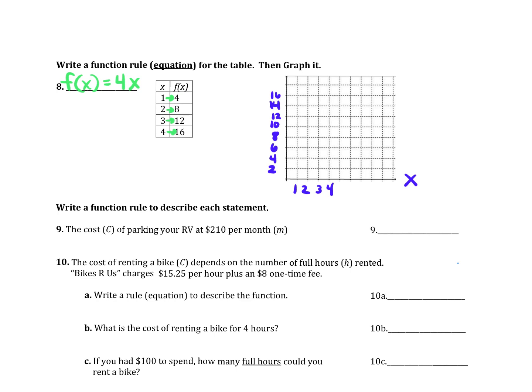So this would be 1, 4, 2, 8, 3, 12, and 4, 16. Okay, so that gives you, ooh, I missed a line that looks like that. That's terrible. Is this a bad graph?